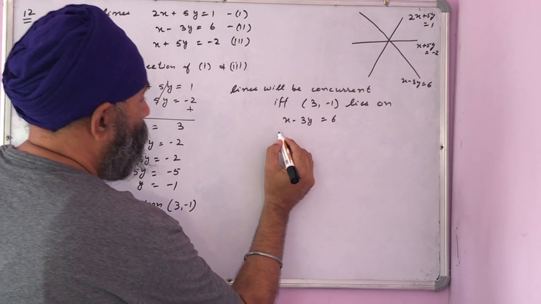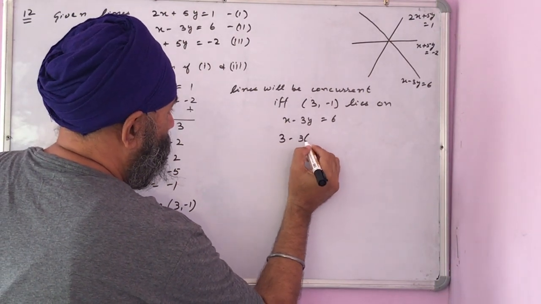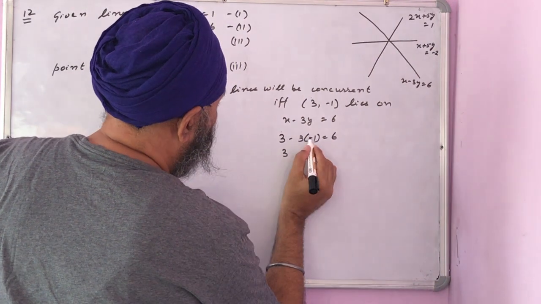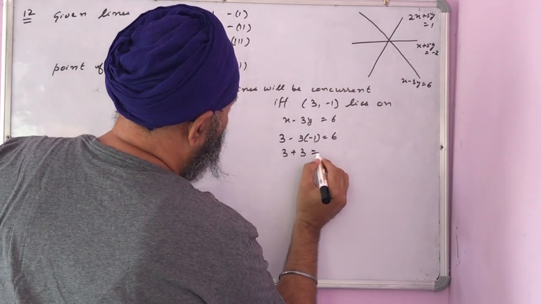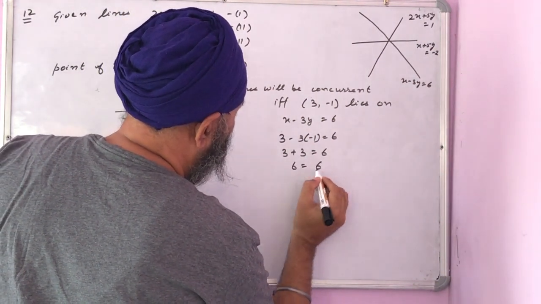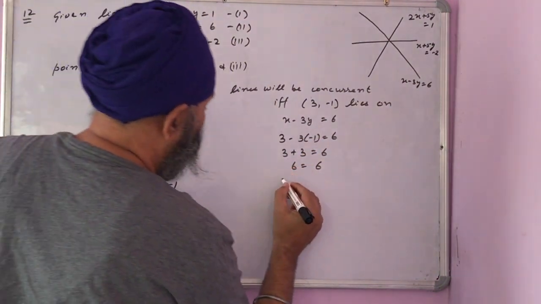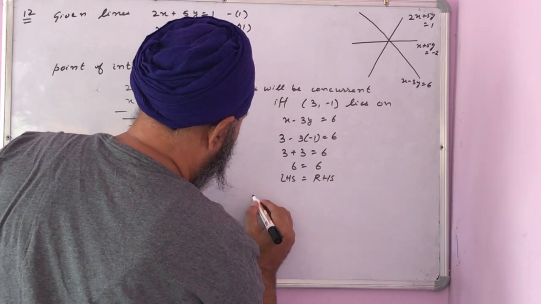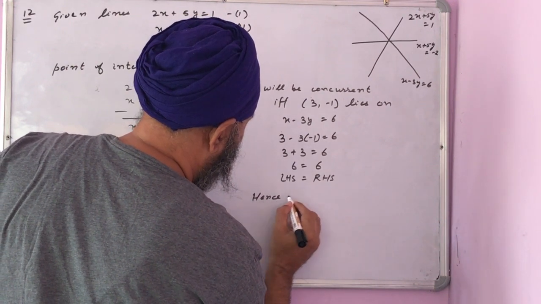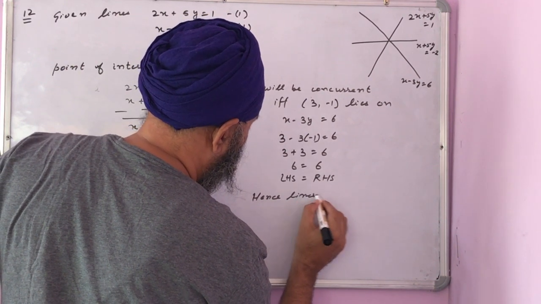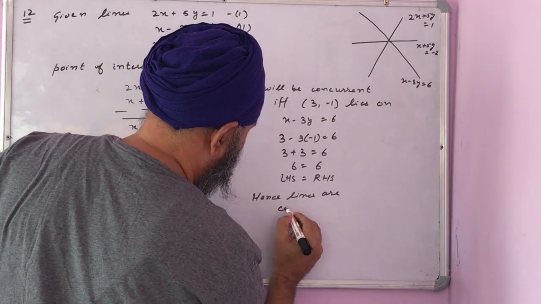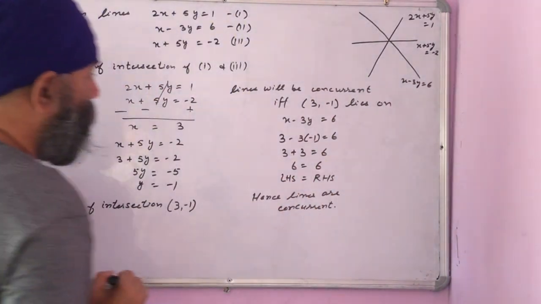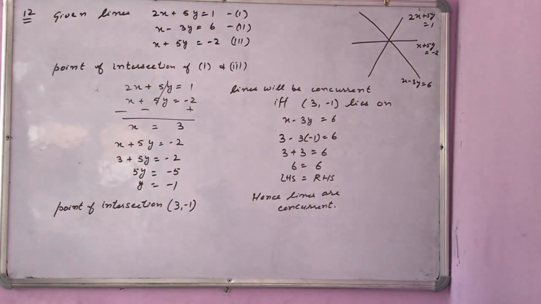So the value of x is 3, minus 3 into minus 1, equal to 6. 3 plus 3 equal to 6, 6 is equal to 6. So LHS is equal to RHS, hence the lines are concurrent.